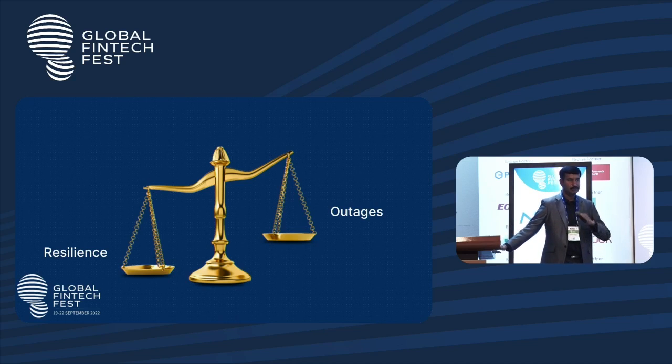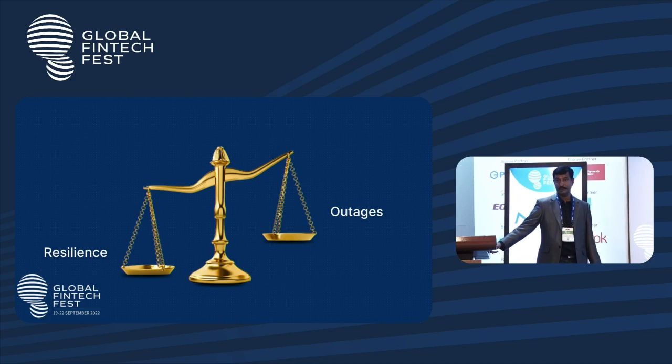They're always inversely proportional. When you don't see many outages, that means you're very resilient. People inside the company always say how reliable you are, so the SLAs are around 99.99, 99.999. This is how we measure. But end users, consumers, measure your reliability based on how much time you're not available.